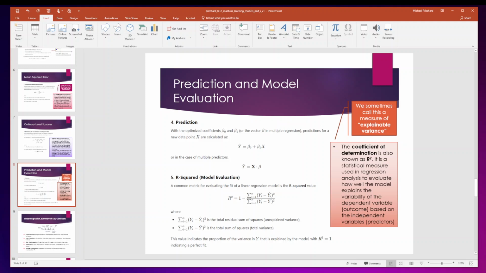We can then take that and create an equation to make predictions for unseen data, and that's really what we're trying to do. The easiest way to say that is, if for example we create a prediction, usually it starts with a very simple hypothesis.